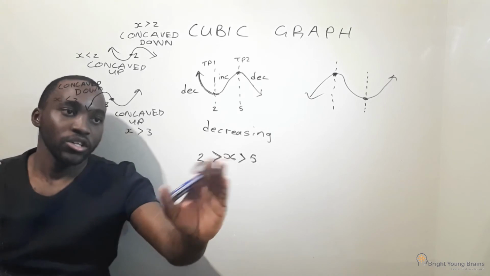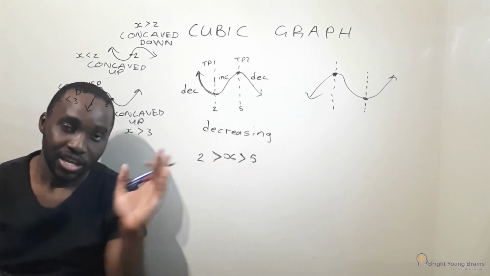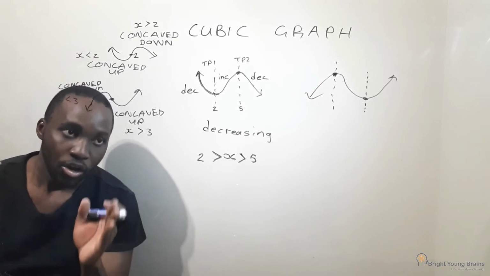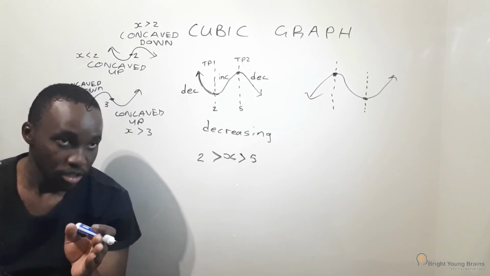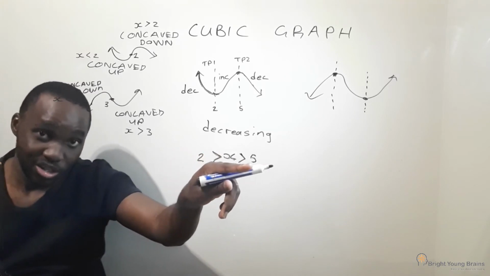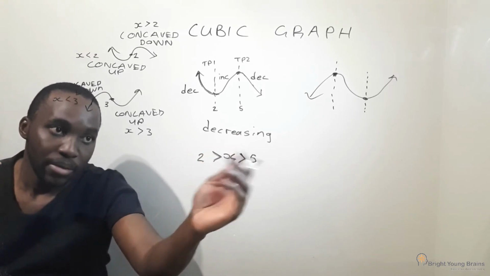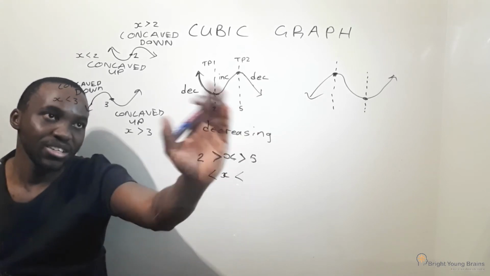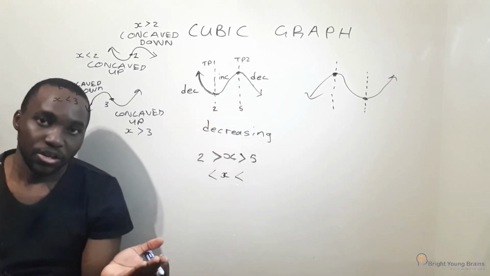Anytime you give answers as an inequality, always make sure that your signs point in one direction, in the sense that if one of your signs points in that direction, the other one also needs to point there. If you had made these point in that direction, then to answer this question, nothing is going to change really.